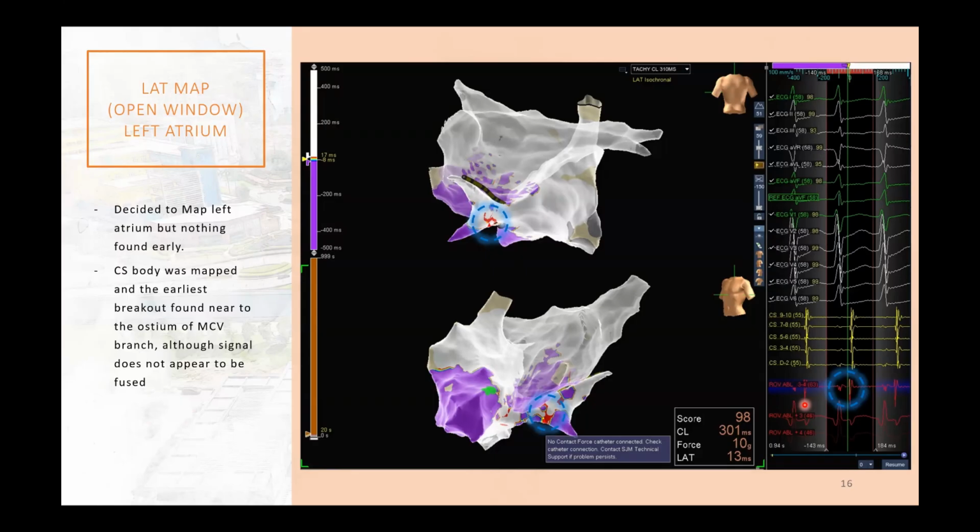We wonder if you look a little more to the left side septum, right side septum, I think it would be clearer because you're dealing with a posteroseptal pathway, possibly of MCV origin.